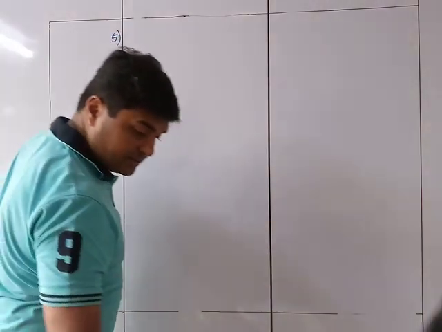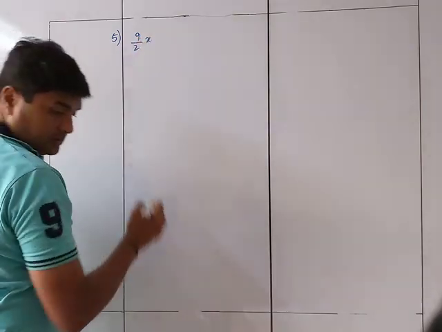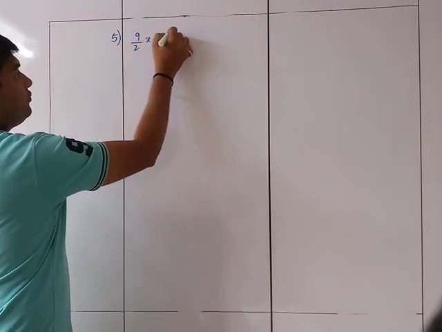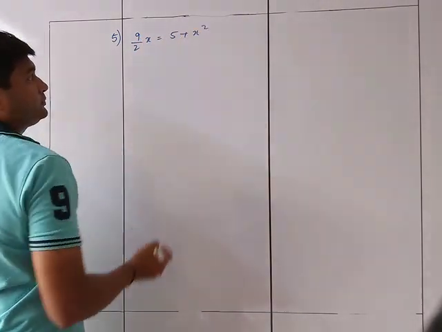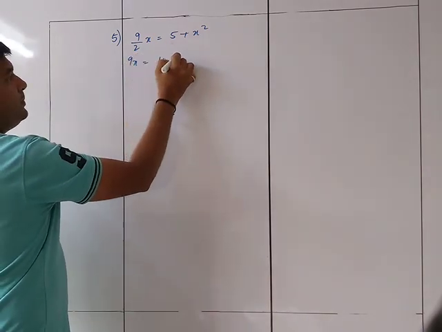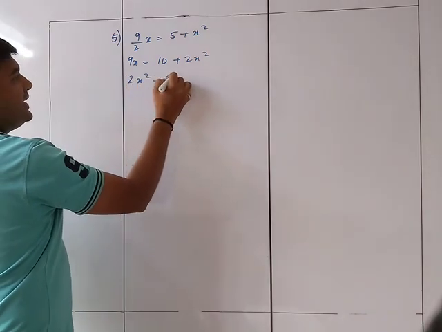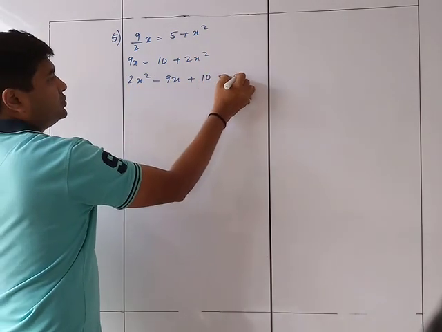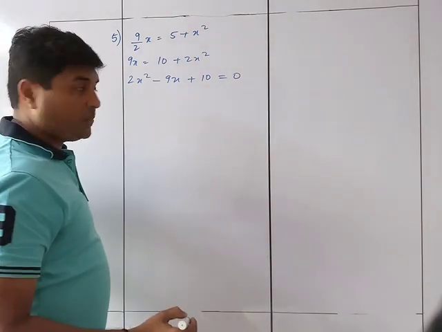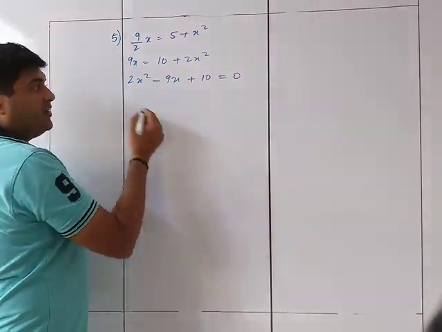Sum number 5 is 9 upon 2x is equal to 5 plus x square. You can cross multiply, so 9x is equal to 10 plus 2x square. So 2x square minus 9x plus 10 is equal to 0 becomes your equation. Splitting 9 into 2 parts, the product is 20, so 5 and 4.